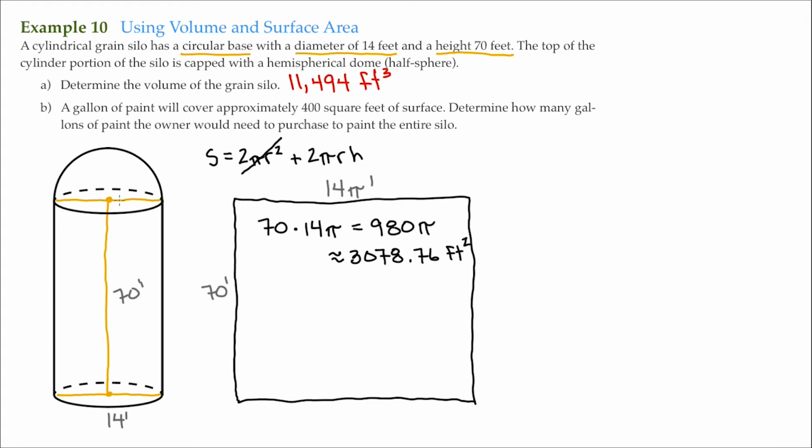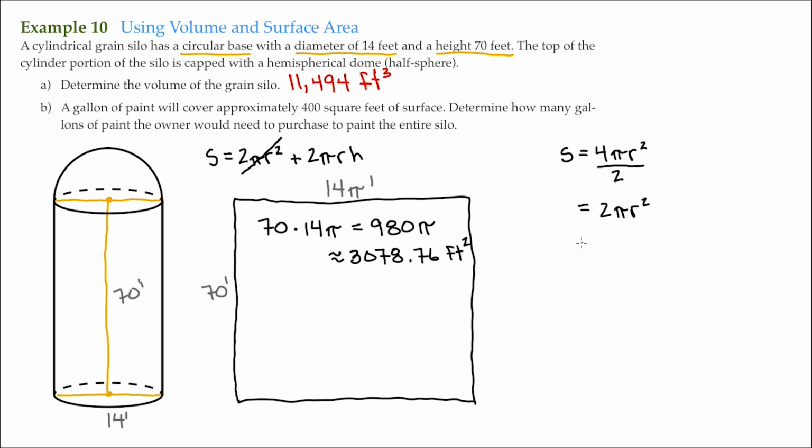The area for a dome, the area for a sphere, I should say, is S is equal to 4 pi r squared. I only want half of the sphere. So since I only want half of the sphere, I'm just going to divide this by 2. So it's going to come out to be 2 pi r squared.